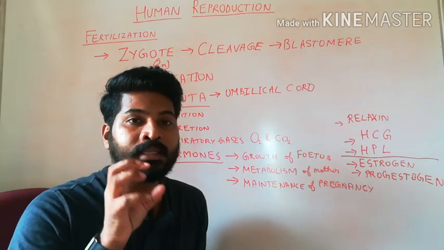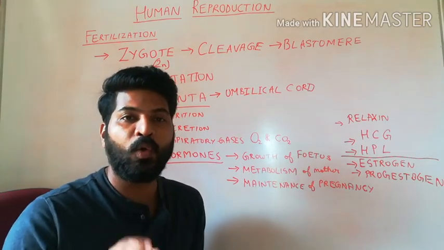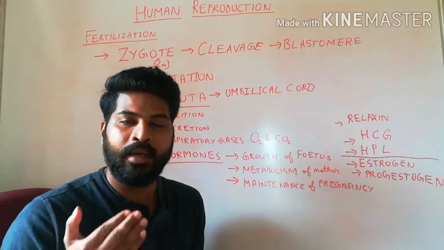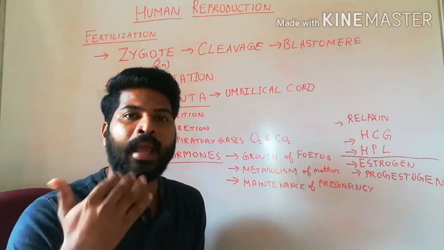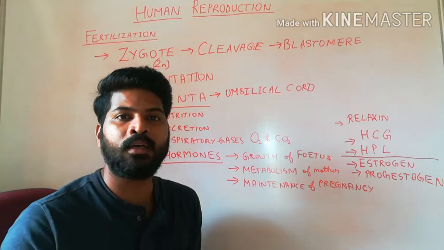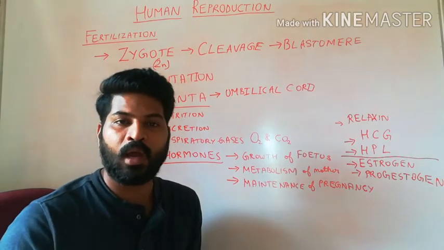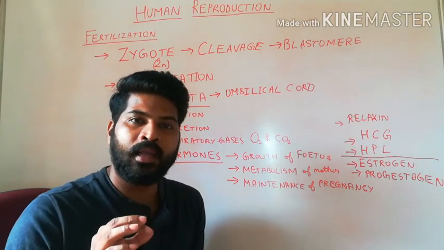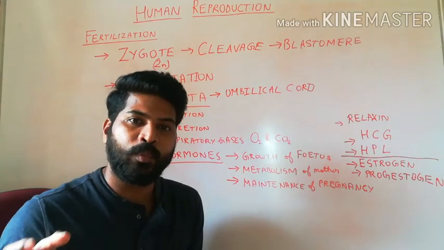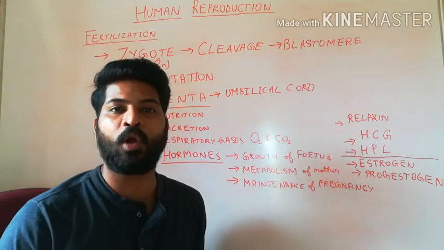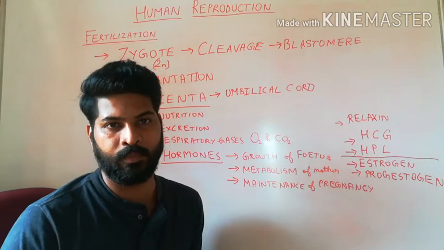The inner cell mass will now differentiate and produce an outer ectoderm and an inner endoderm. Soon after, a third layer is generated in between the ectoderm and endoderm, called the mesoderm.